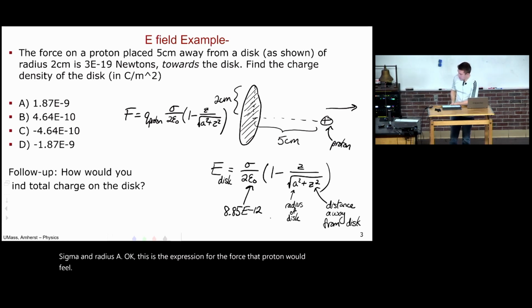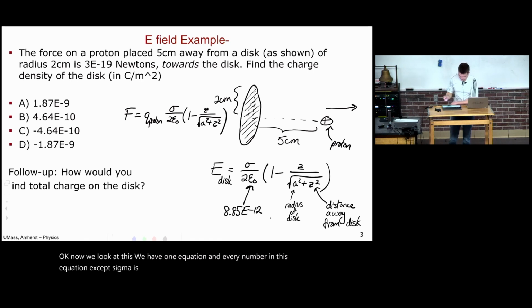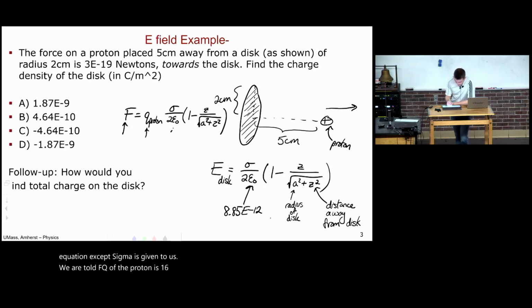Now we look at this. We have one equation, and every number in this equation except sigma is given to us. We are told F. Q of the proton is 1.6e-19. Epsilon 0 is a constant. Z is the distance away from the disk.